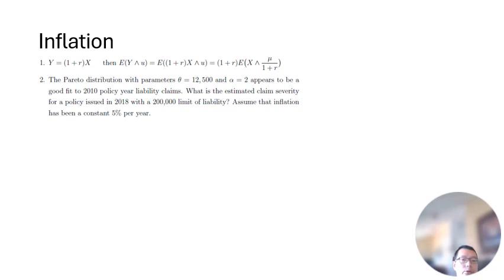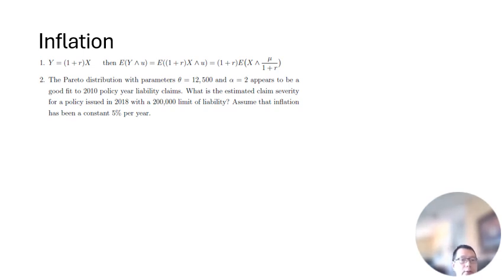If we switch 1 plus r to the other side of the equation and pull it out, you will get it's equal to (1 plus r) times E[X∧μ/(1 plus r)]. This is the formula that we are going to use to solve the problem below.